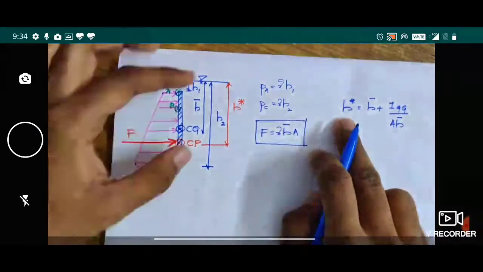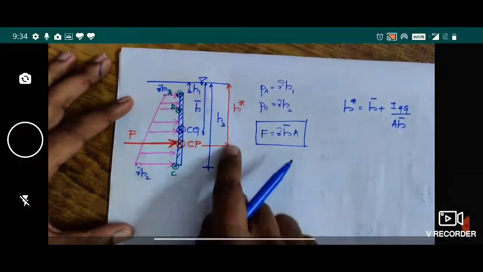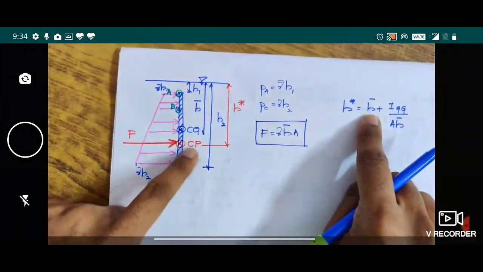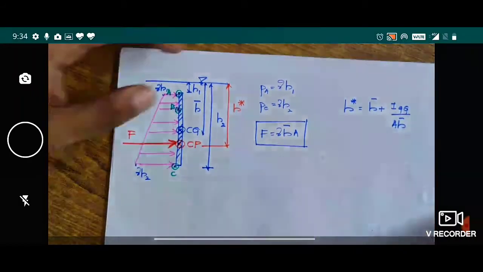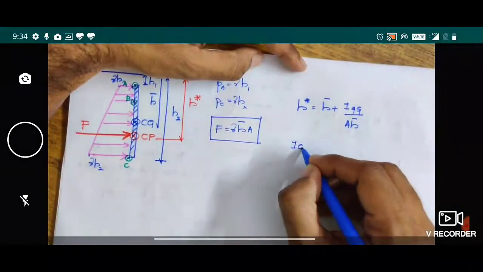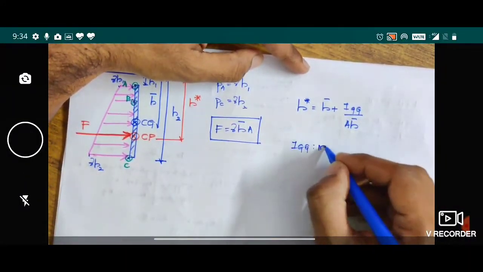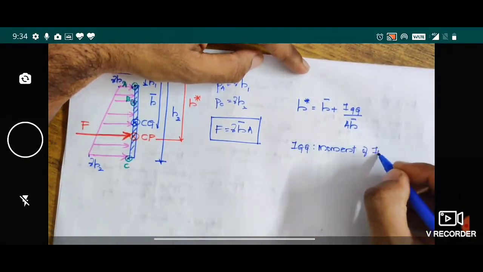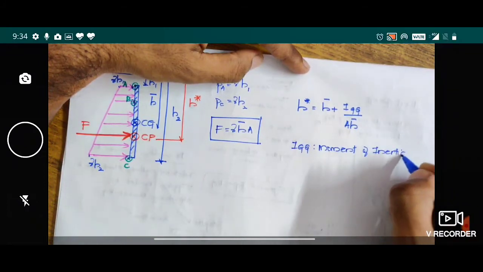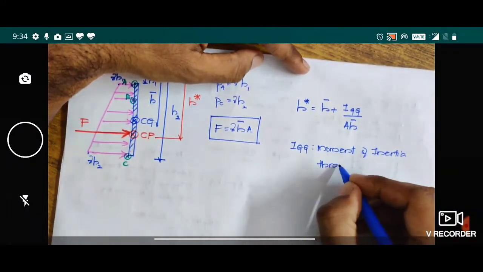So H star is the depth of the center of pressure from the free water surface. H bar is the depth of the center of gravity from the free water surface, and IGG is the moment of inertia. You might have learned in your engineering mechanics, moment of inertia through the center of gravity.